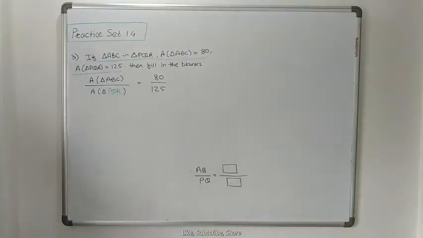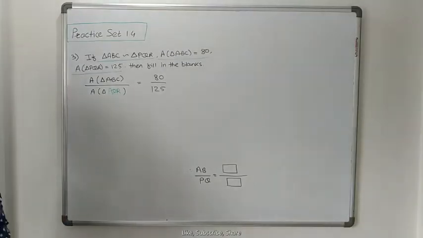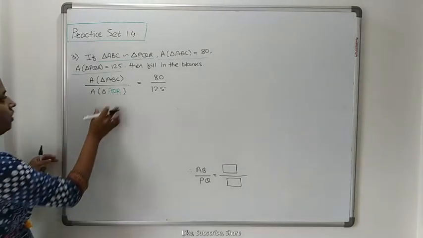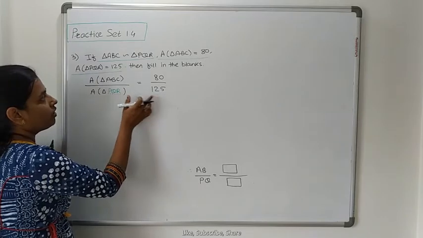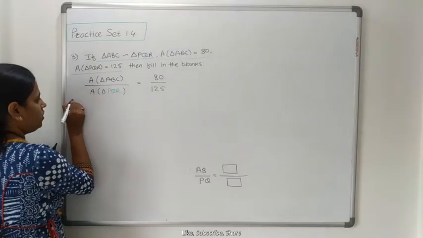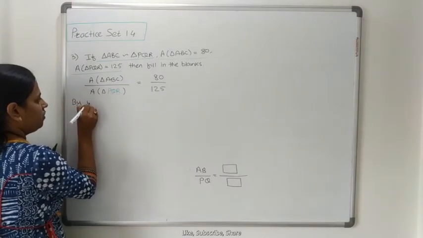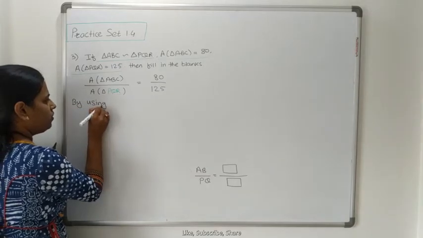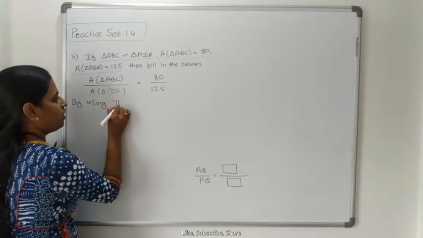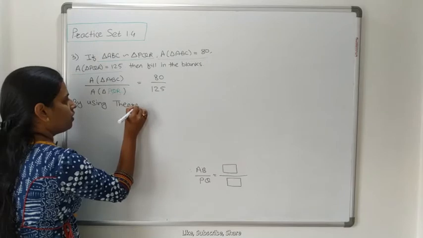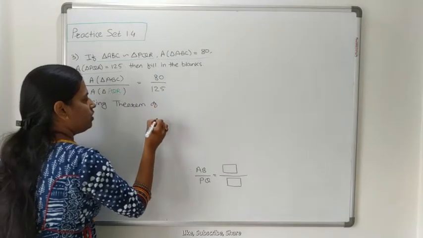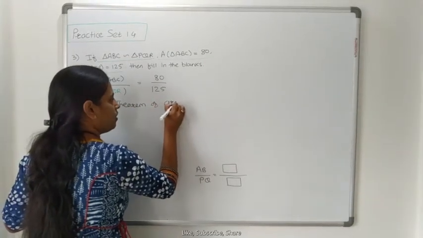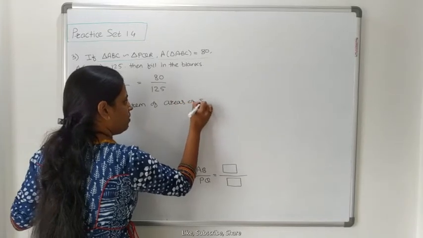So we know that by using the theorem of areas of similar triangles.